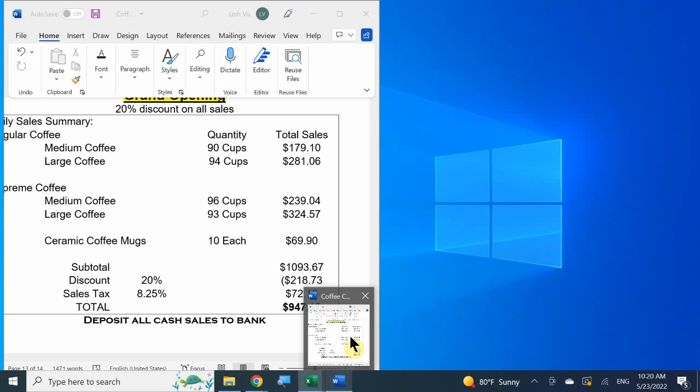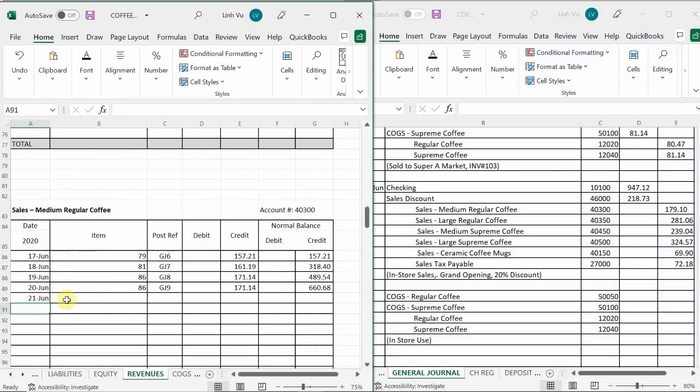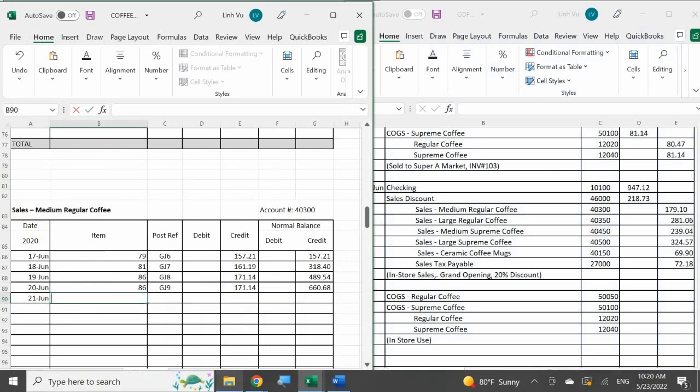For the regular coffee, medium regular, how many cups did I sell? Medium coffee, it's 90 cups with 179.50.